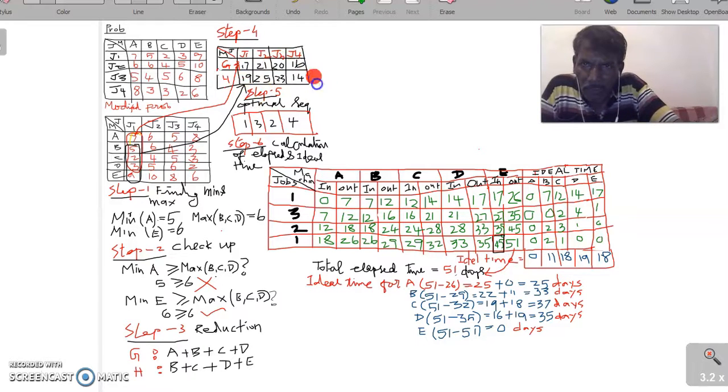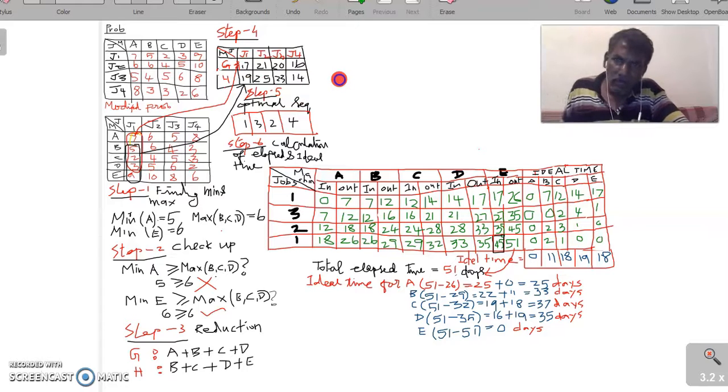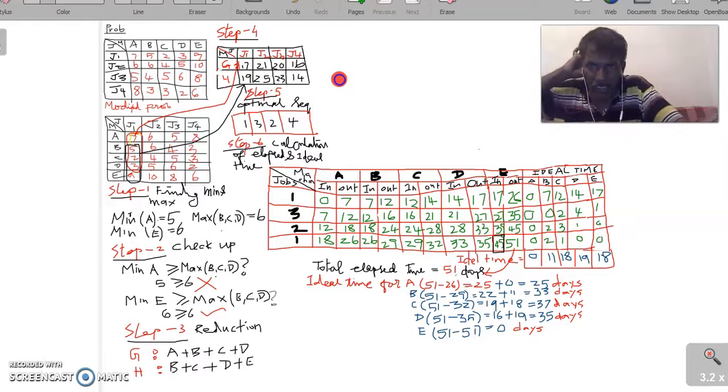In the given matrix, the least processing time is J4. J4 is the least processing time. I already told you that it comes in the H or second machine.